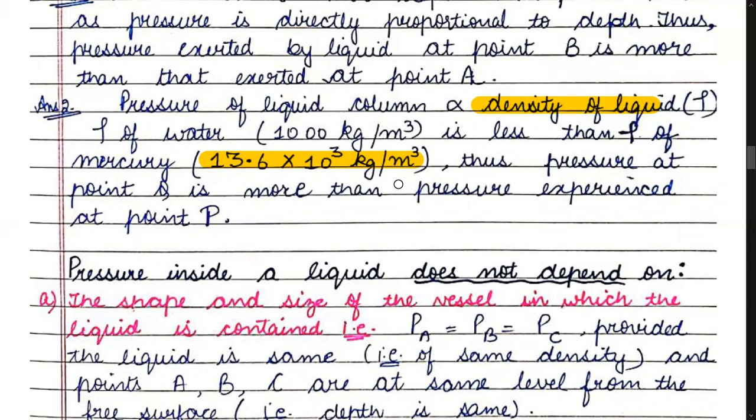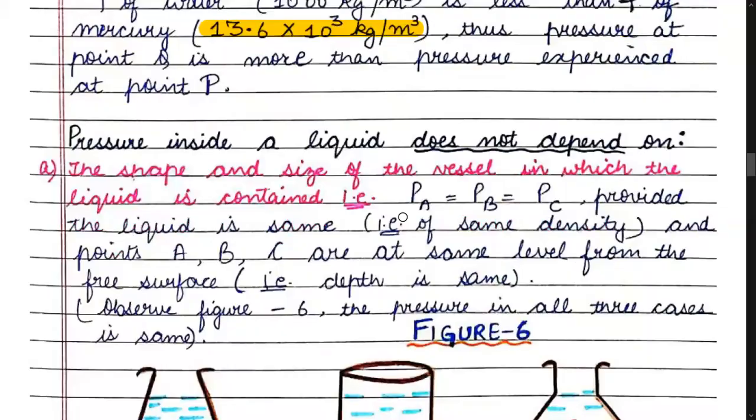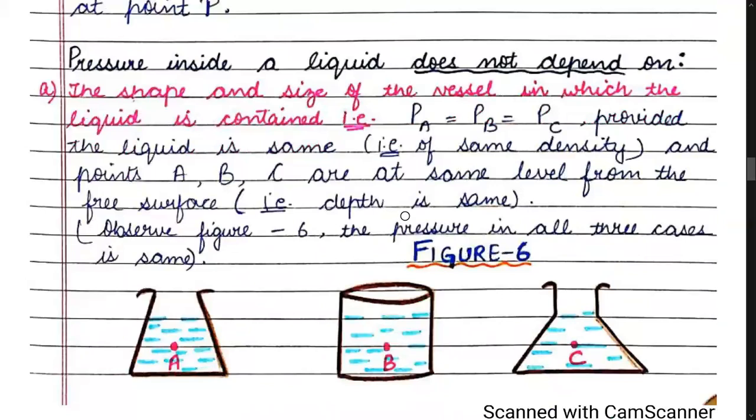Thus, pressure at point Q is more than pressure experienced by point P. Why? Because the density of mercury is more. So, mercury will be applying more pressure at point Q.